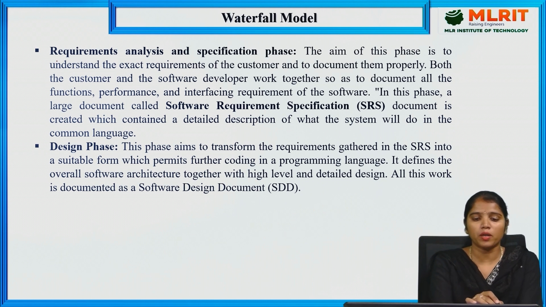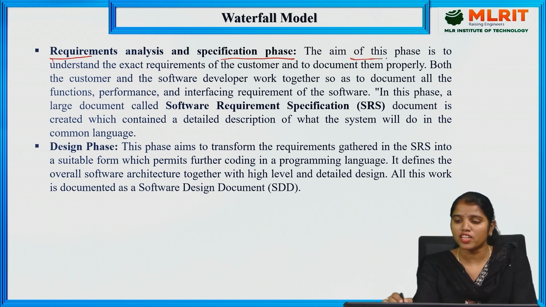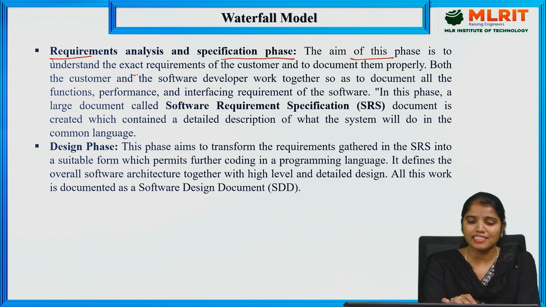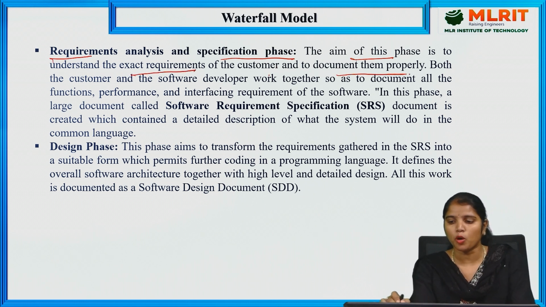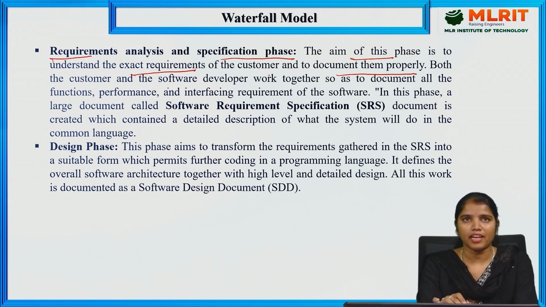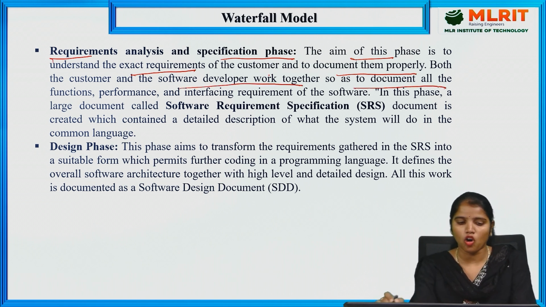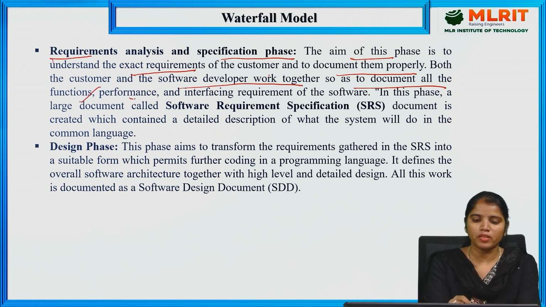What is the requirement analysis and specification phase? The aim of this phase is to understand the exact requirements of the customer and to document them properly. Both the customer and the software developer work together to document all the functions, performance, and interfacing requirements of the software.